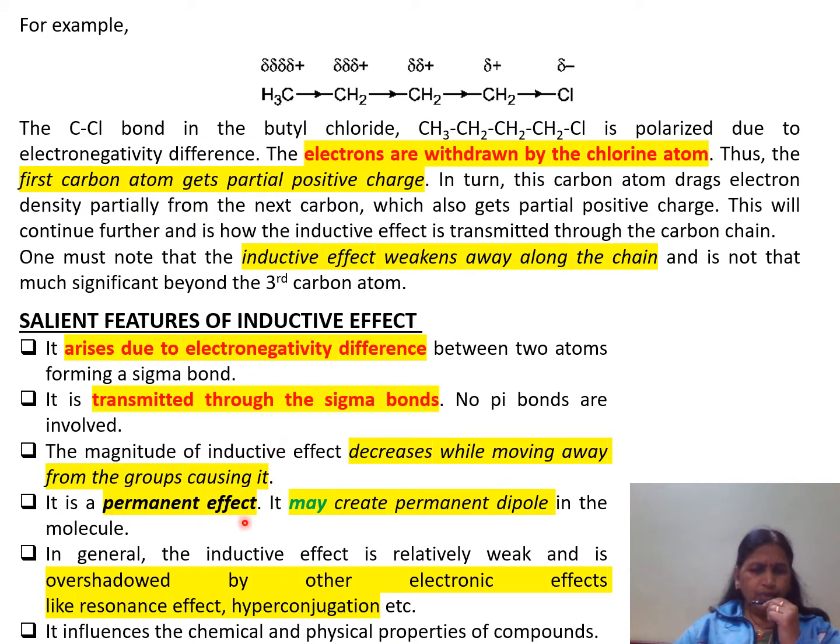It is a permanent effect. It may create a permanent dipole in the molecule. In general, inductive effect is relatively weak and is overshadowed by other electronic effects like resonance effect, hyperconjugation, etc. It influences the chemical and the physical properties of the compound.